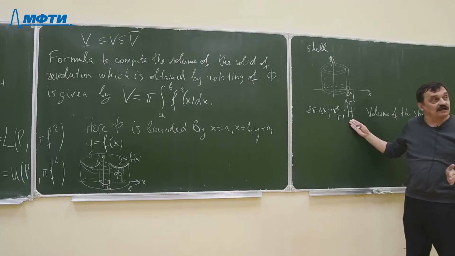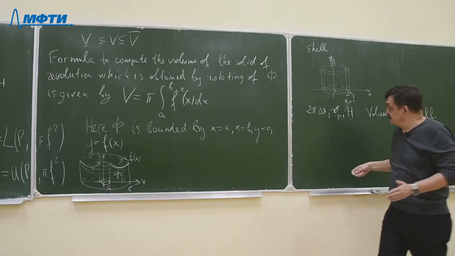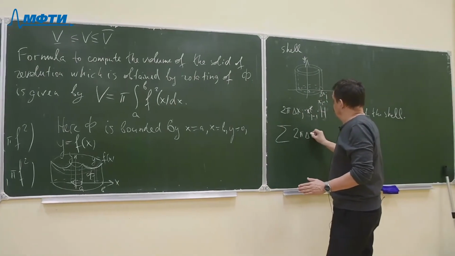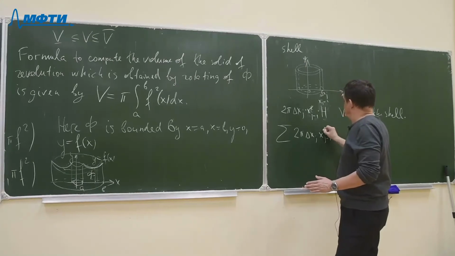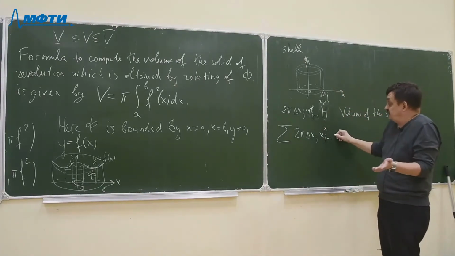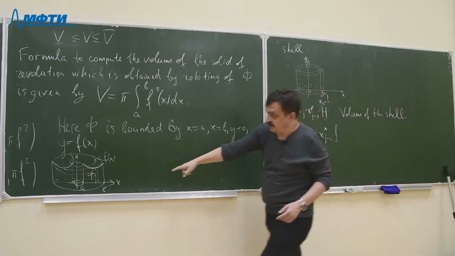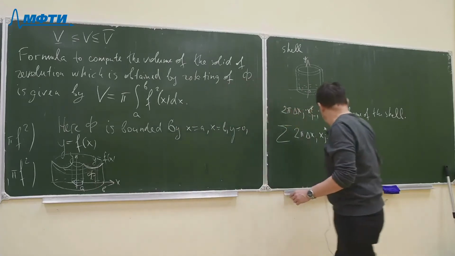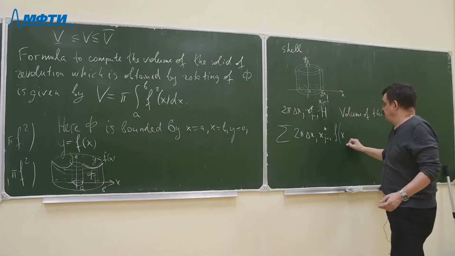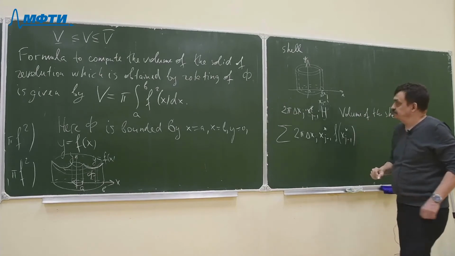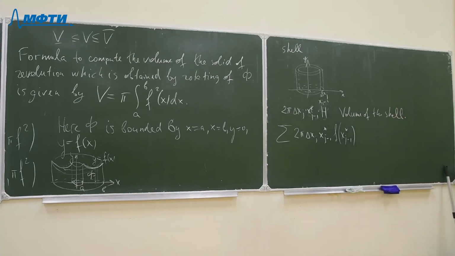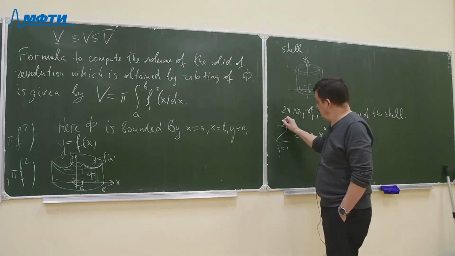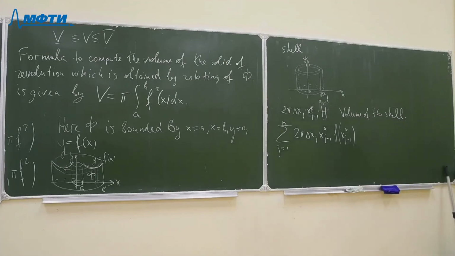That is an integral sum, because what is the sum of volumes? Sum of 2 pi x_{j-1}^* h times delta x_j, and what is h? h is a value of our function at a point. Let it be the same point. That is the integral sum of which integral?